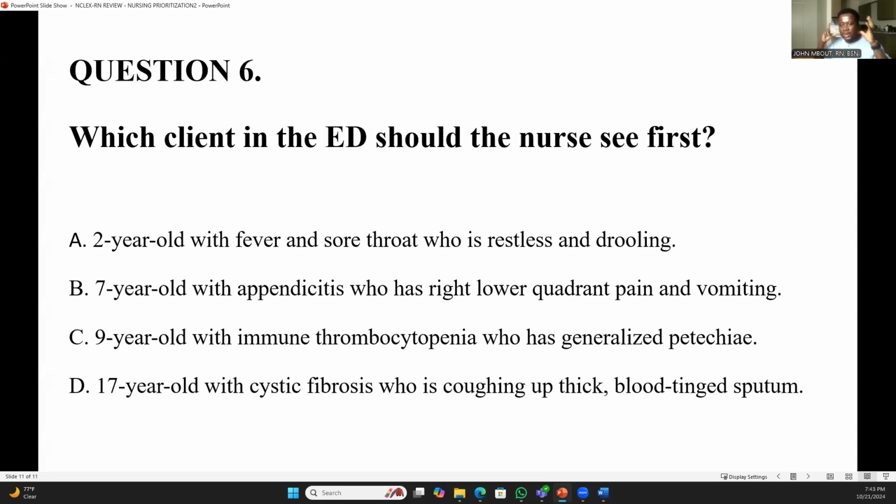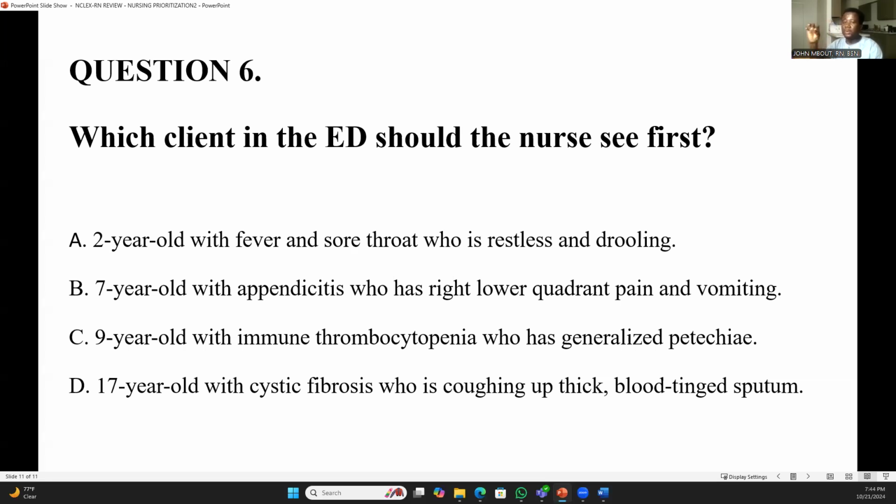In this case, you have to apply your knowledge of pathophysiology. You have to know your medical conditions and signs and symptoms. When you see the clinical manifestations, you should be able to determine that these signs are indicative of this condition. A is the right answer. Sore throat, restless and drooling.